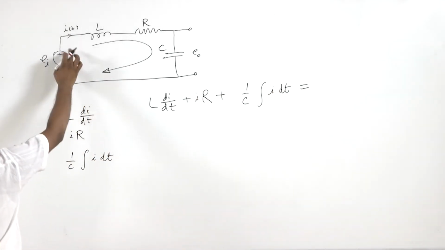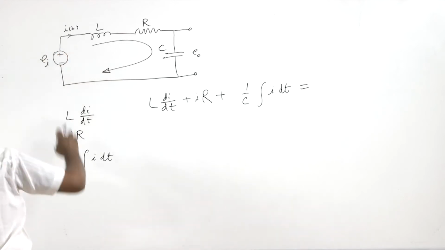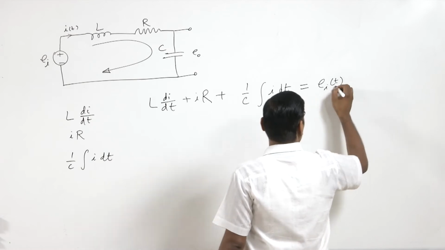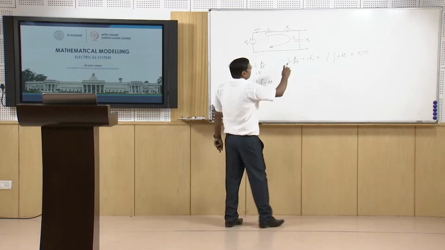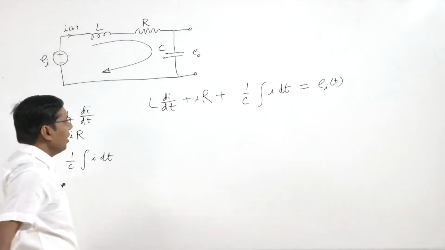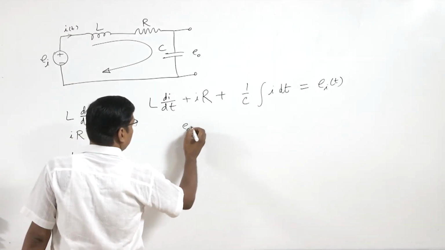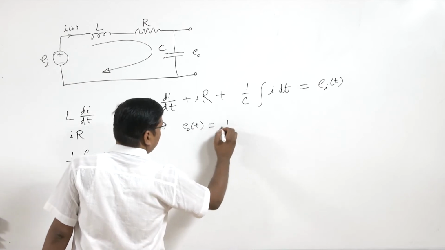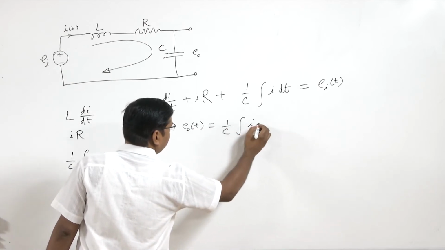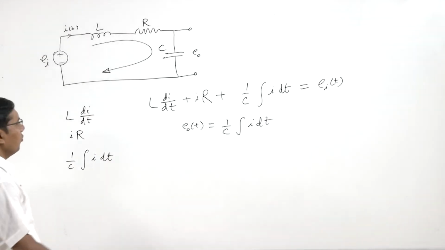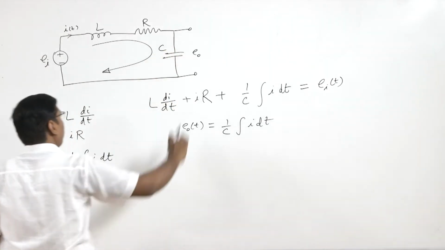Here this is a source, so we have a voltage gain ei(t). Now the output is equal to 1 by C integral of i dt, because we are taking the voltage across the capacitor.